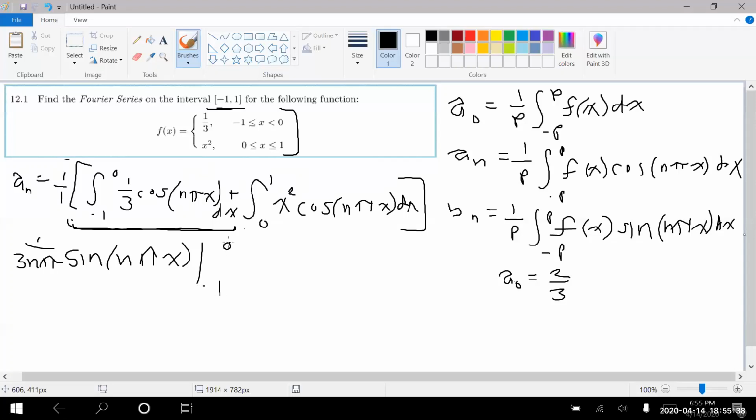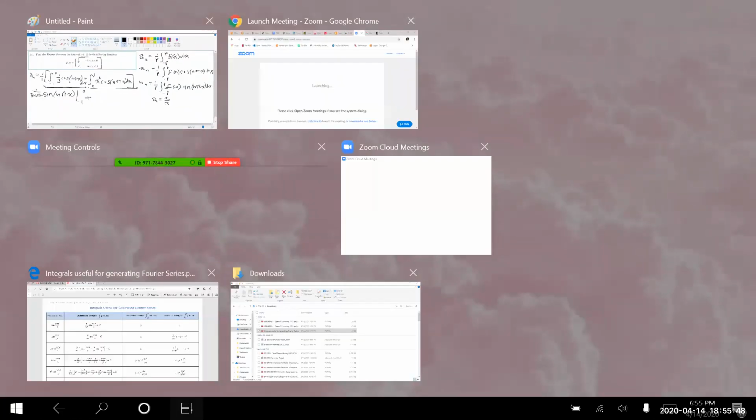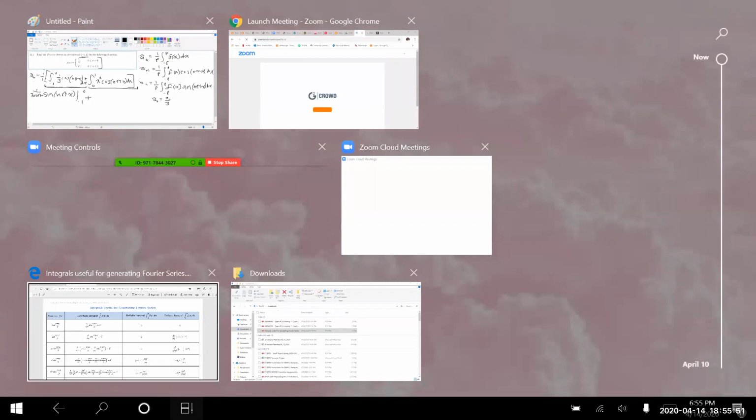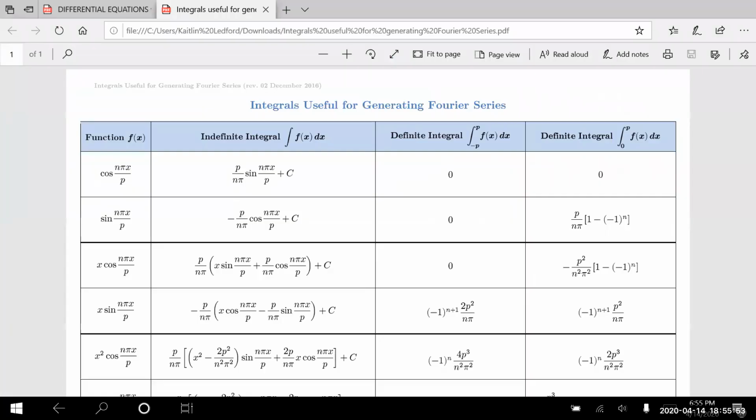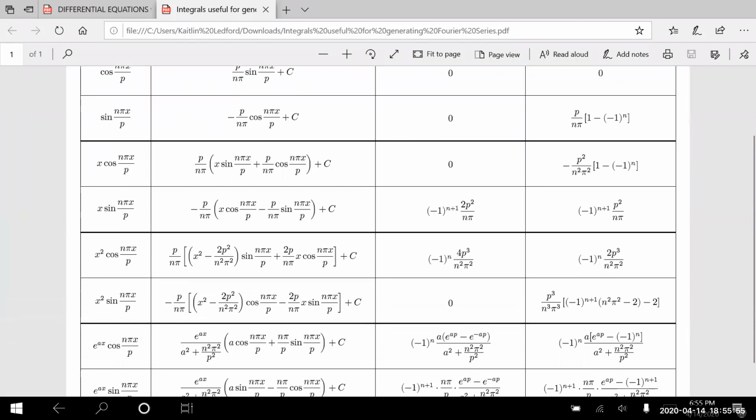But for this one over here, which is the horrible hard one, there is a direct entry for our x squared cosine. So let's see if I can get that pulled up. Okay, so for our x squared cosine, you can go right over here, and it actually has it right there, and you can use it right off the chart, which is really great.